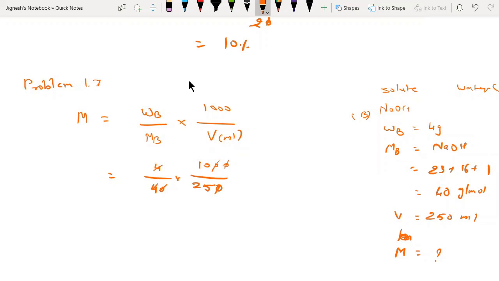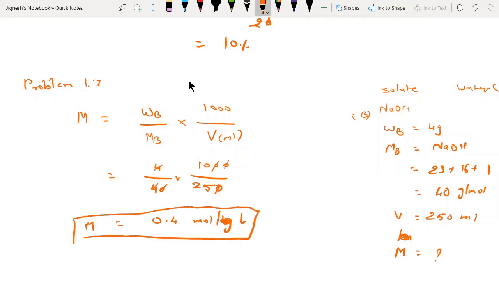So what is left over here? 10 upon 25. And what does 10 upon 25 mean? If you calculate, it will be 0.4 mole per kilogram. Sorry, it's not kilogram, it will be liter, mole per liter.